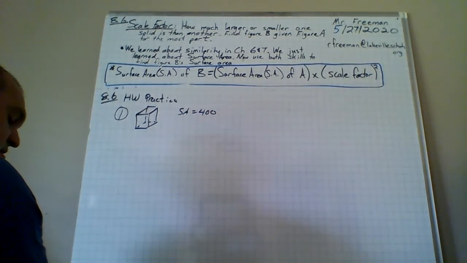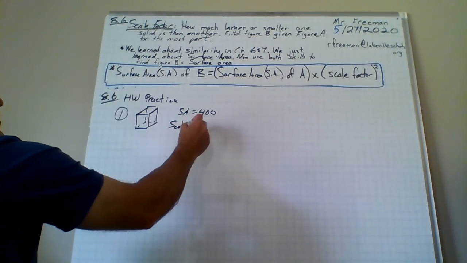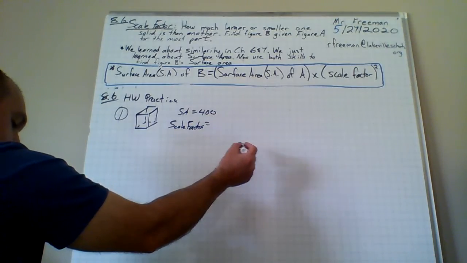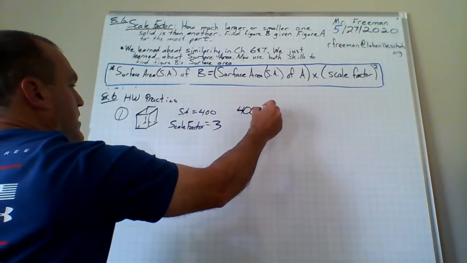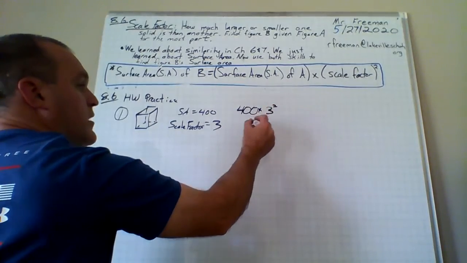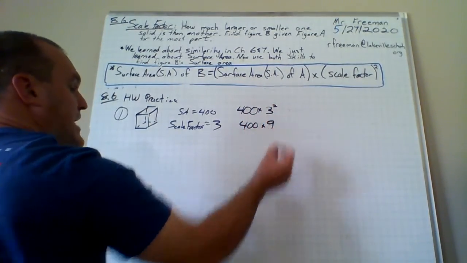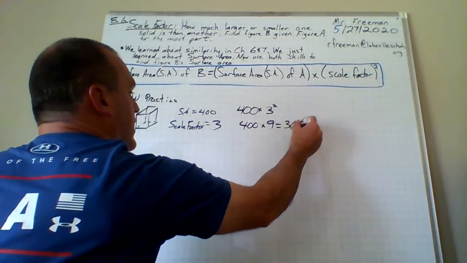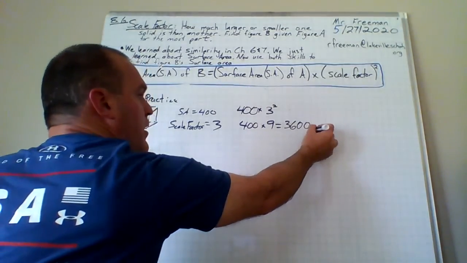Then it gives us a scale factor of 3. So we just take 400 times 3 squared, which is 9. And when you do that, you simply get 3,600, and that's millimeters squared.